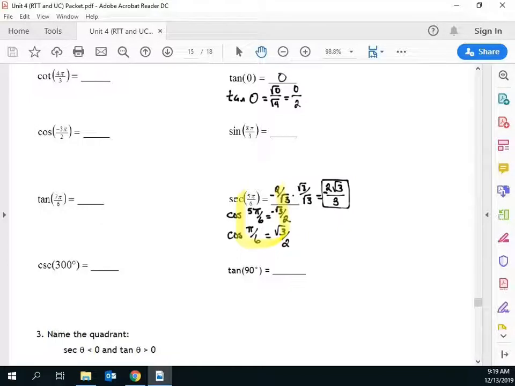All right, so negative 3 pi over 2. We go ahead and find a reference angle, and we say, okay, pi over 2 is here. Cosine is square root of 0 over 2, which actually just ends up being 0.